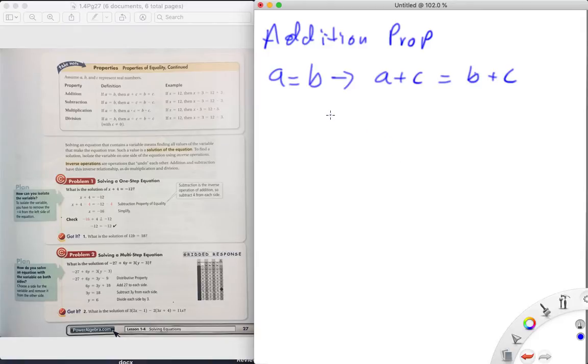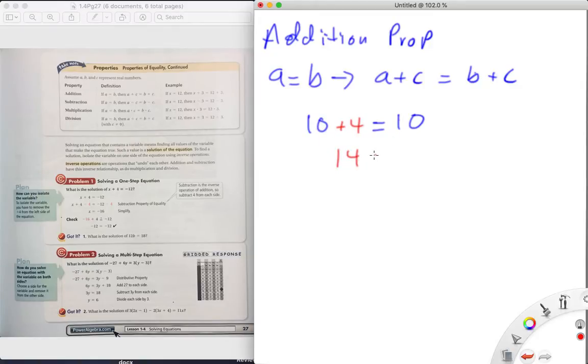So if I have, let's say, 10 is equal to 10. For the sake of argument, if I was to add something to it on one side, let's say I add 4, I have to add it to the other side, because if I have 10 plus 4 here, I would get 14.